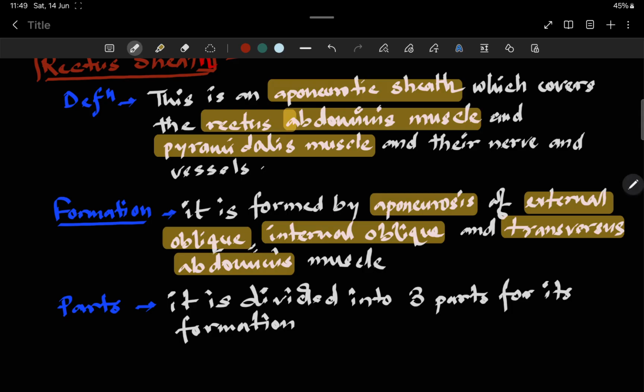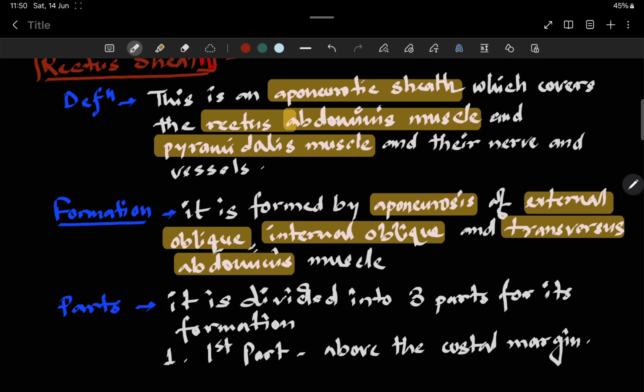Number one, first part, is above the costal margin.